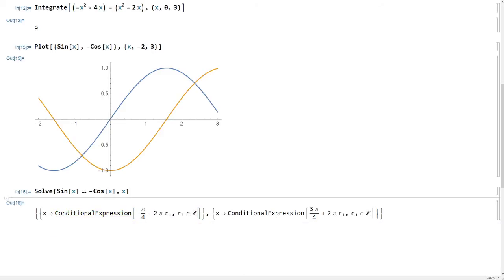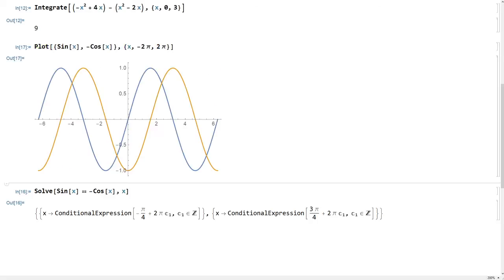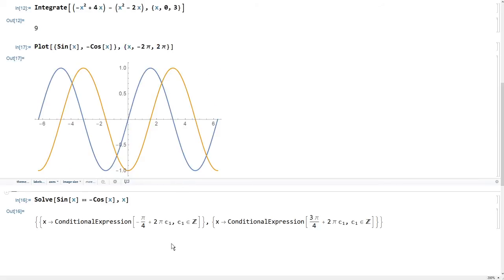What that means is, negative pi over 4 is somewhere that they cross, right here. And then the plus 2 pi c, remember, means it's going to happen again in the next period. So just going back to expand the graph here, here's negative pi over 4. Here's negative pi over 4 plus 2 pi.